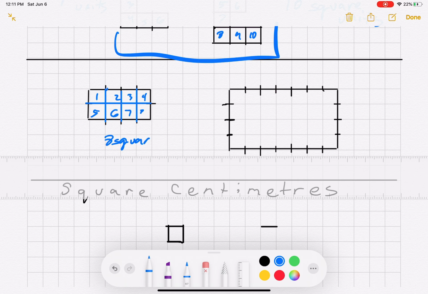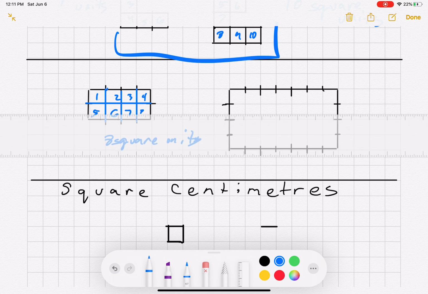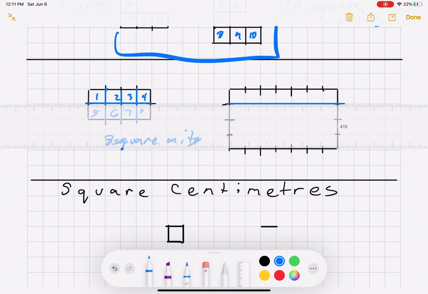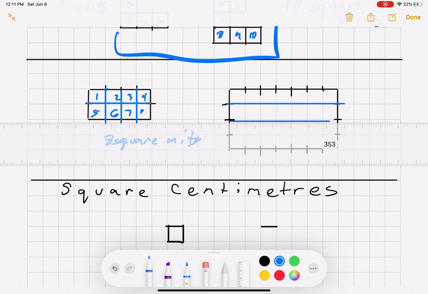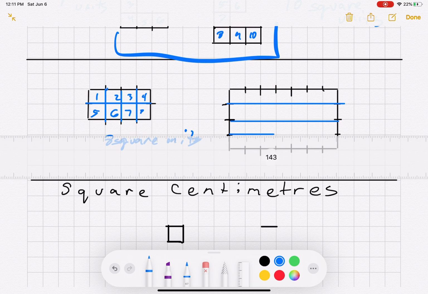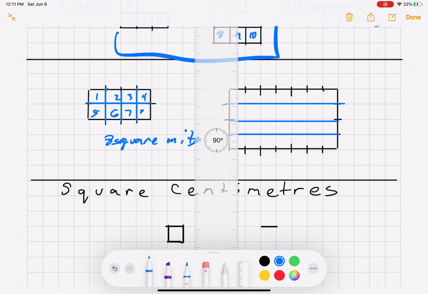square units. Okay, and draw the lines in here. Okay, flip the ruler, draw the lines in here.